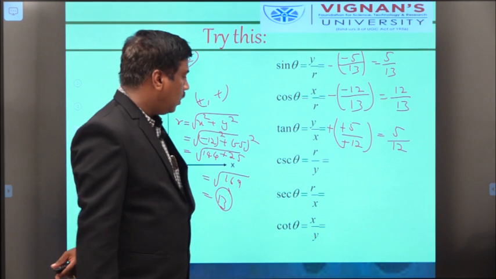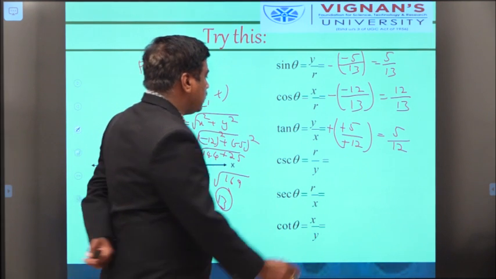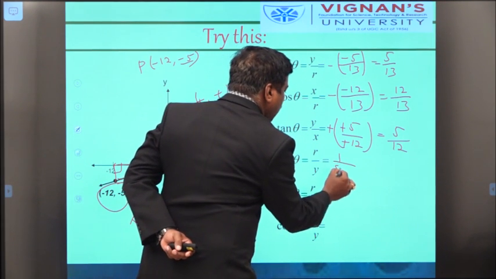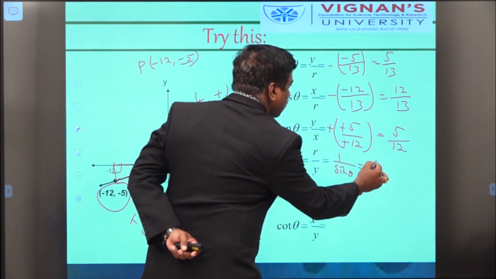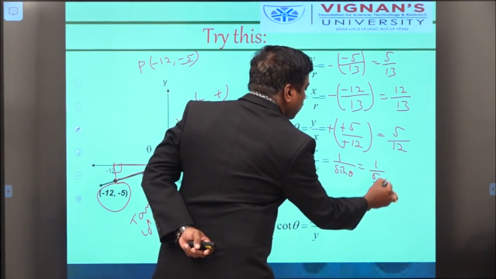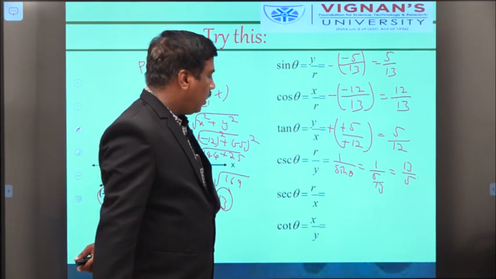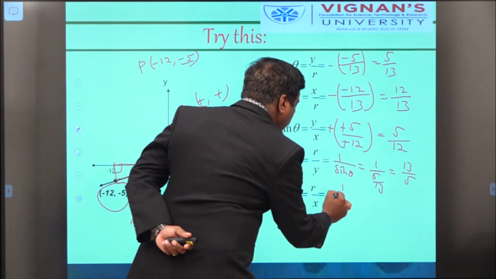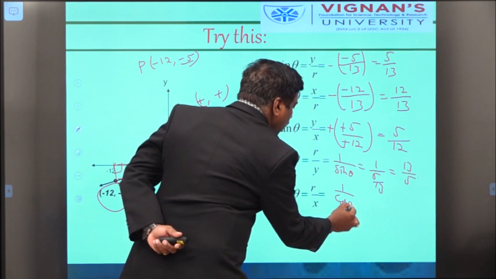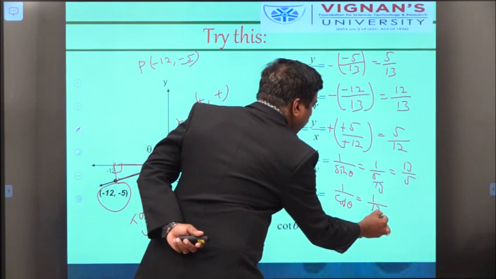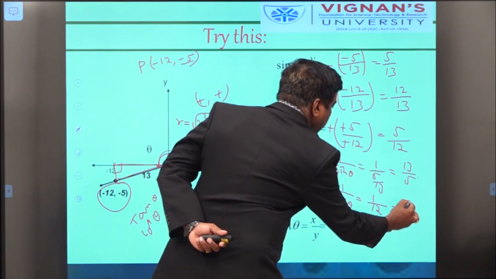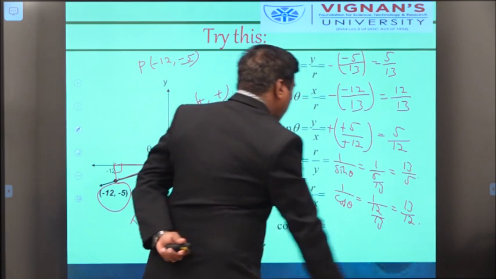Now, cosecant is the reciprocal of sin theta, 1 by sin theta, which equals 13 by 5 in magnitude. Secant theta equals 1 by cos theta, which is 13 by 12 in magnitude.